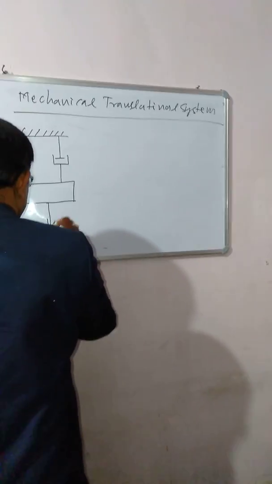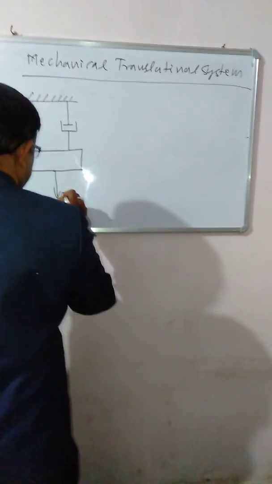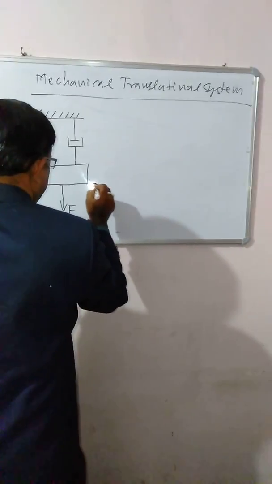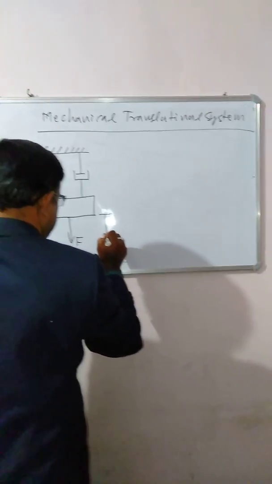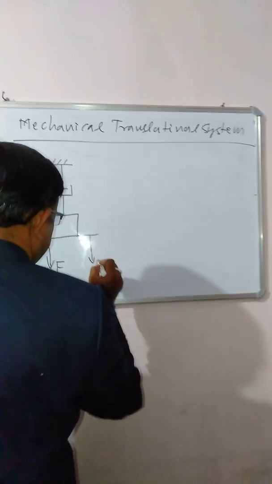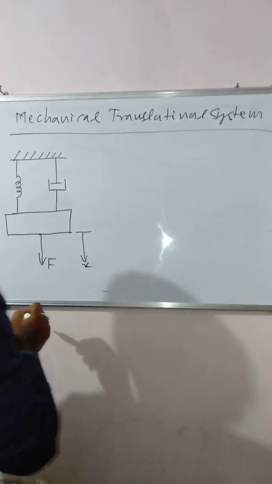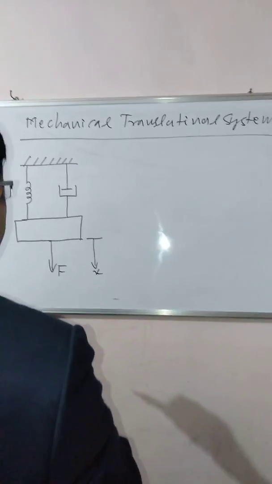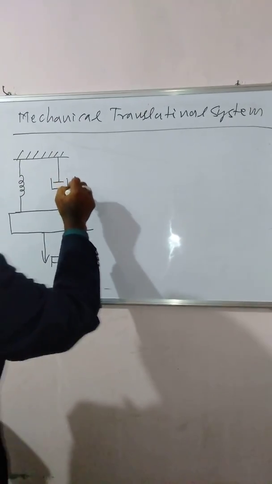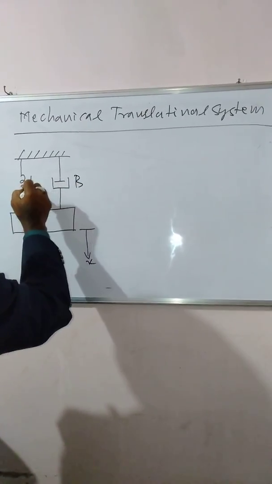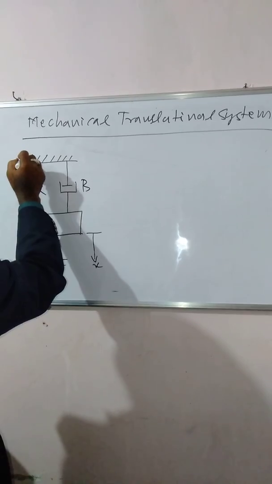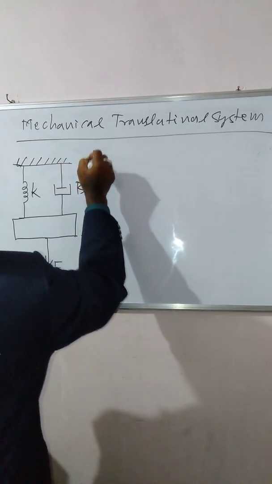This is the applied force F, and due to this force the displacement is x. This is the damping coefficient b and this is the spring stiffness k.